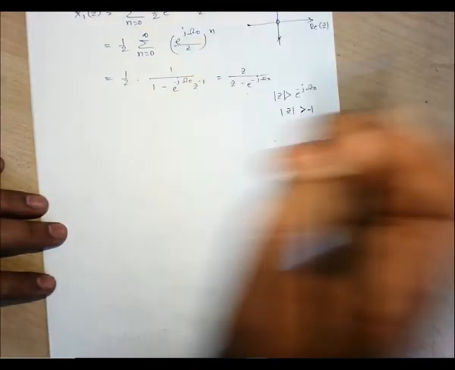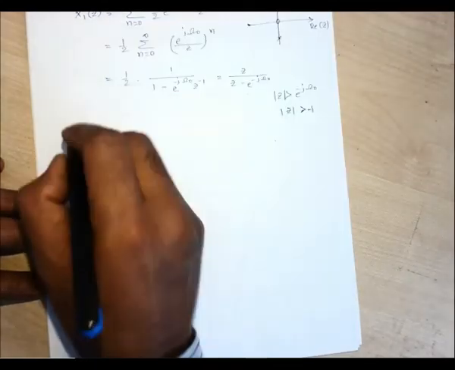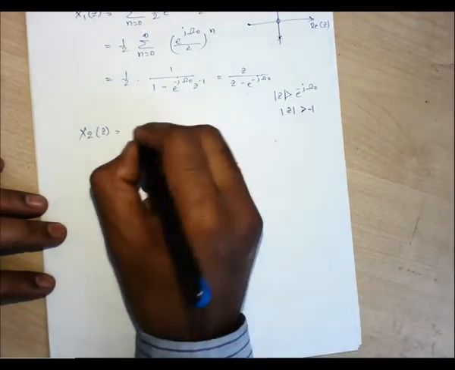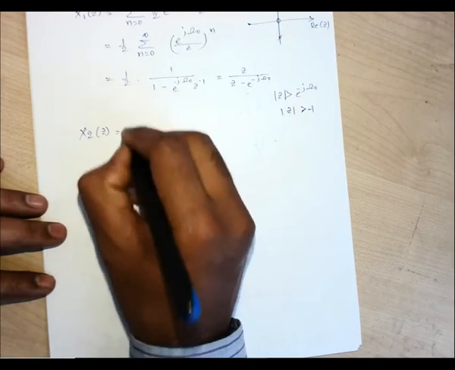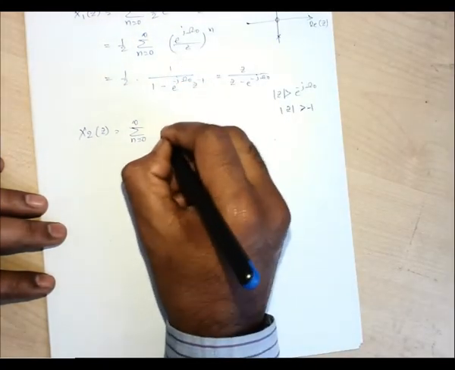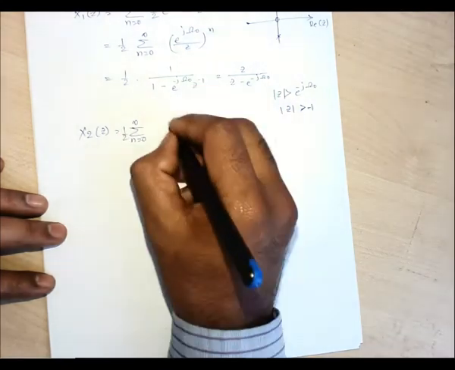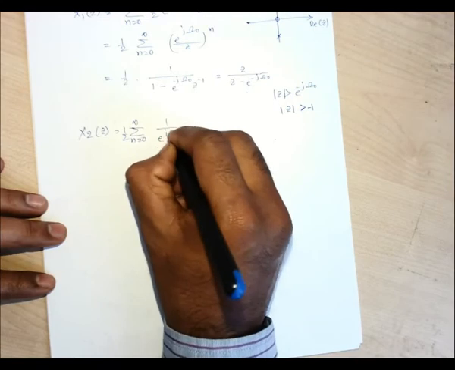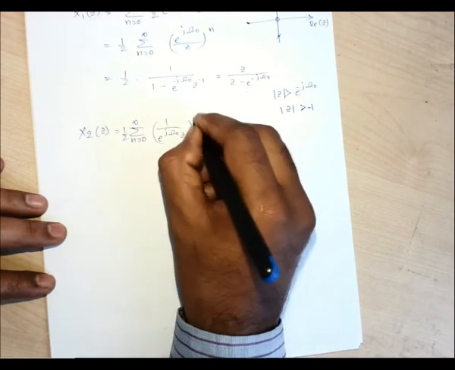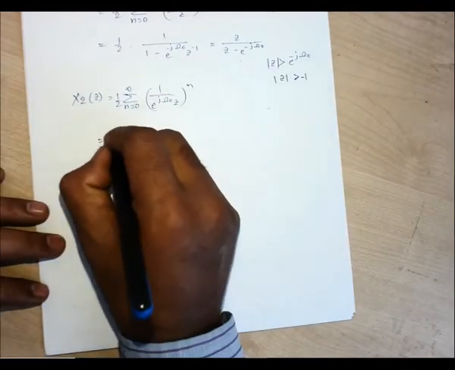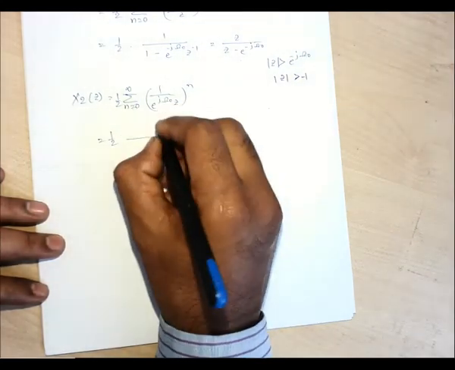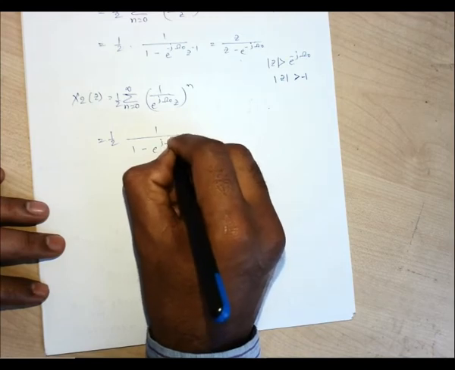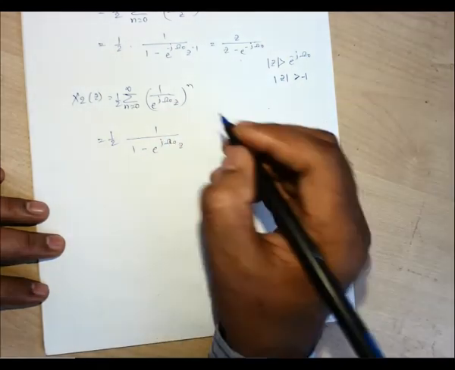Next, if we go with this part, same, so X of z, this one will be summation n equals 0 to infinity, half into 1 by e to the power j omega naught into z whole to the power n, right? That will produce 1 by 1 minus e to the power j omega naught into z inverse.